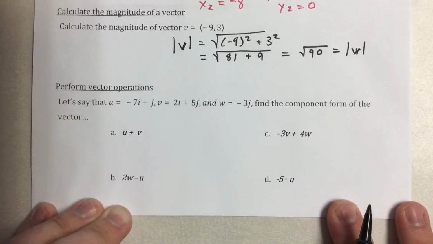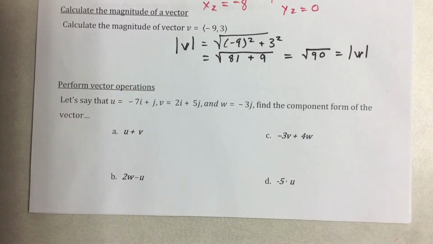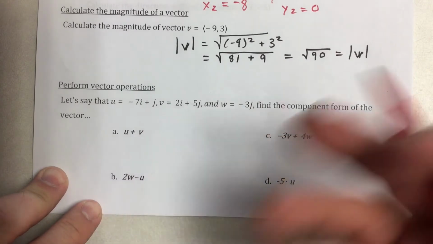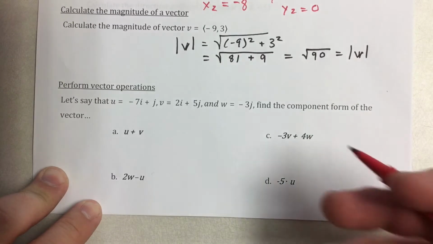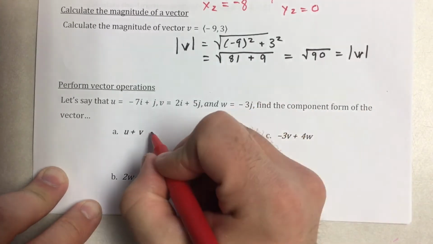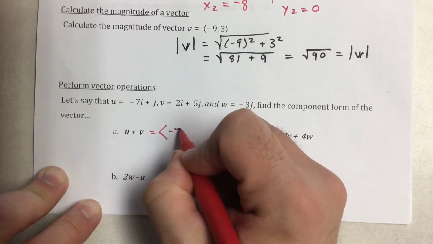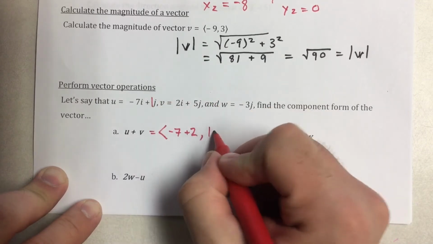Moving on to vector operations. The whole idea with vector operations is that x's go with x's, y's with y's. So if I want to add u with v, I add the x components, which is i, and I add the y components, which is j. If I want to do u plus v, that is negative 7 plus 2, and then 1 plus 5.